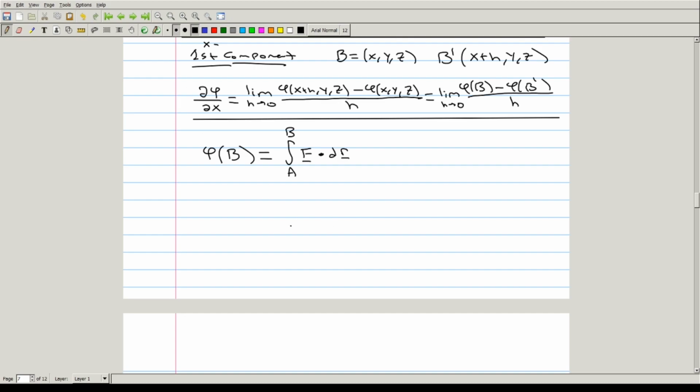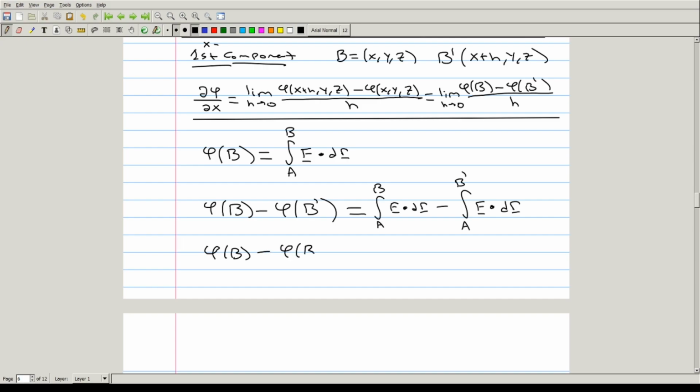Before we even use this partial derivative limit, if you just consider phi at b minus phi at b prime, this is the same thing as the integral from A to B of f dot dr minus the integral from A to B prime of f dot dr, which from our simplifications for line integrals is just the line integral from the point B prime to the point B.